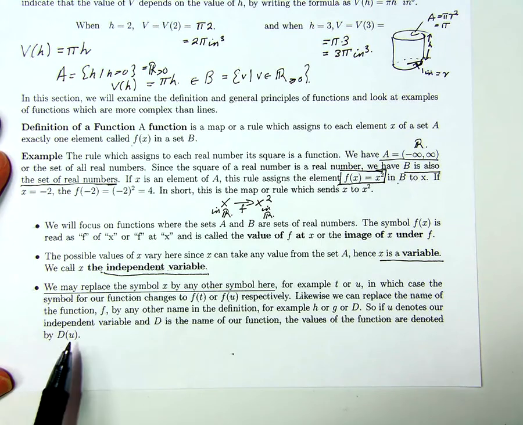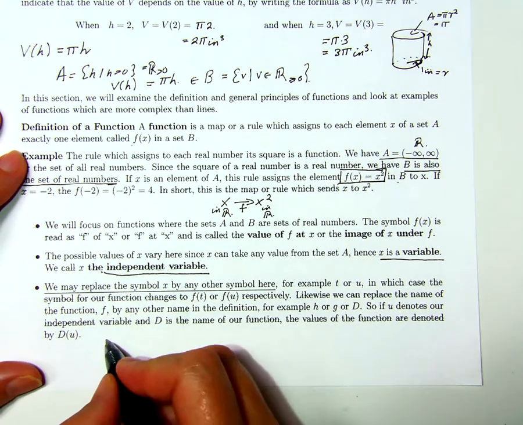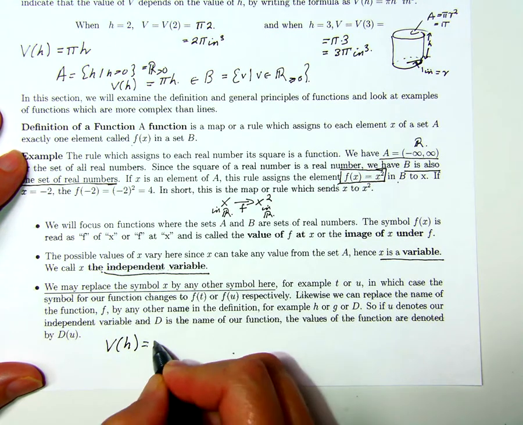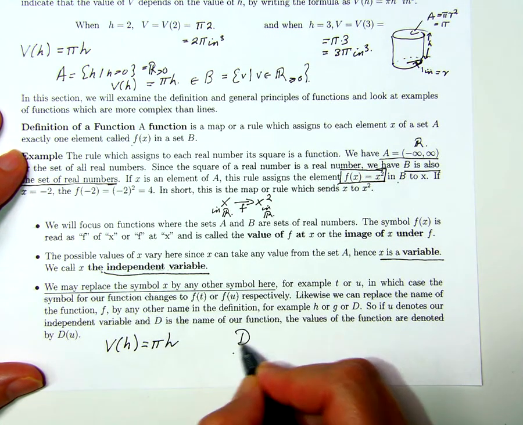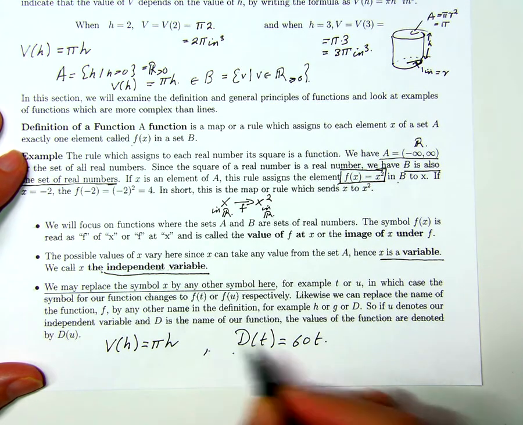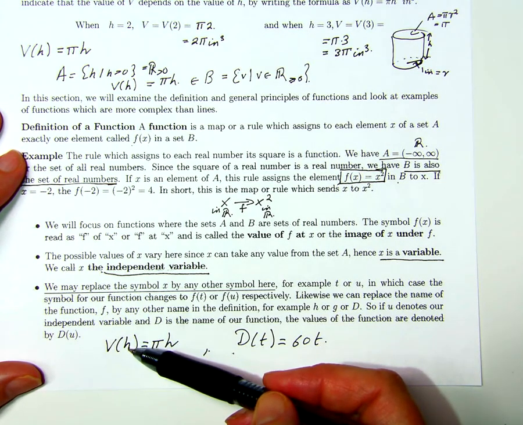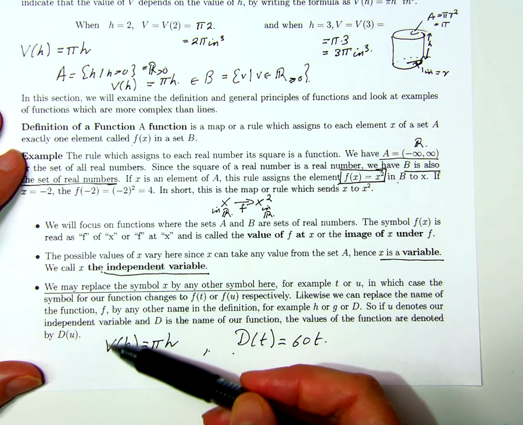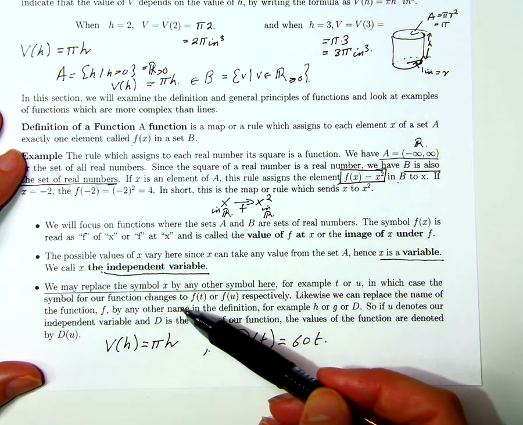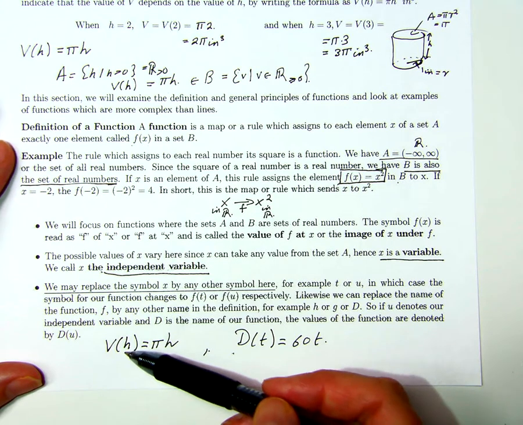We could replace the symbol x by any other symbol here. So you saw earlier that we had a function v of h equals pi times h, and we had a function d of t equals 60t, and these are rules. And now the independent variable here is h, and the function itself is called v, so f is replaced by v, and x is replaced by h in the definition of a function here.